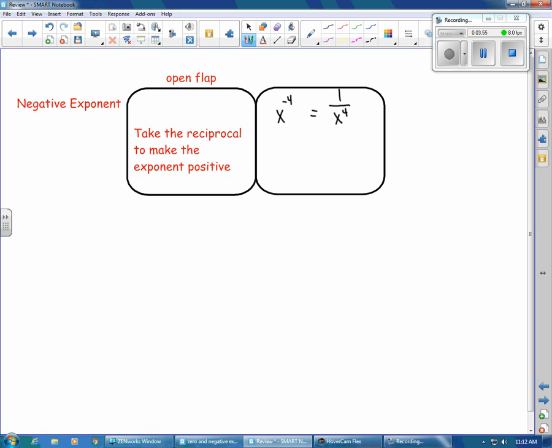Similarly, if I have something like a to the 3rd power over b to the negative 4th power, I want to move that b to the negative 4th power into the numerator. So it would be a to the 3rd power, b to the 4th power. Wherever it is, if it's in the denominator, it's going to move up to the numerator. If it's in the numerator, it's going to move down to the denominator.